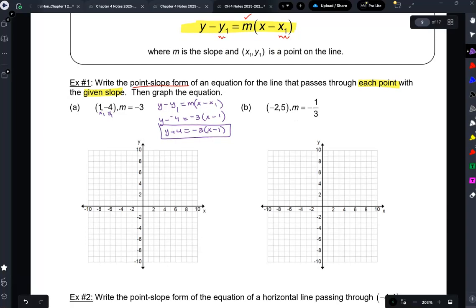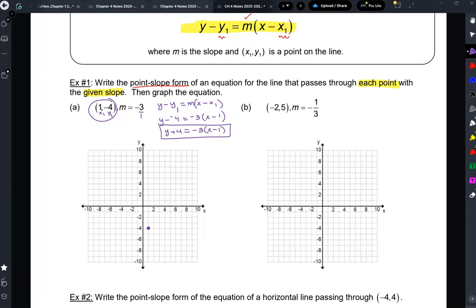So here we go. You know how before we would put the y-intercept, that was a point, and then do the slope from there? Same thing here. This time we're going to put the point that we're given, 1, negative 4. And then from there, we're going to do the slope. What's the slope here? Negative 3. And that's like negative 3 over 1.